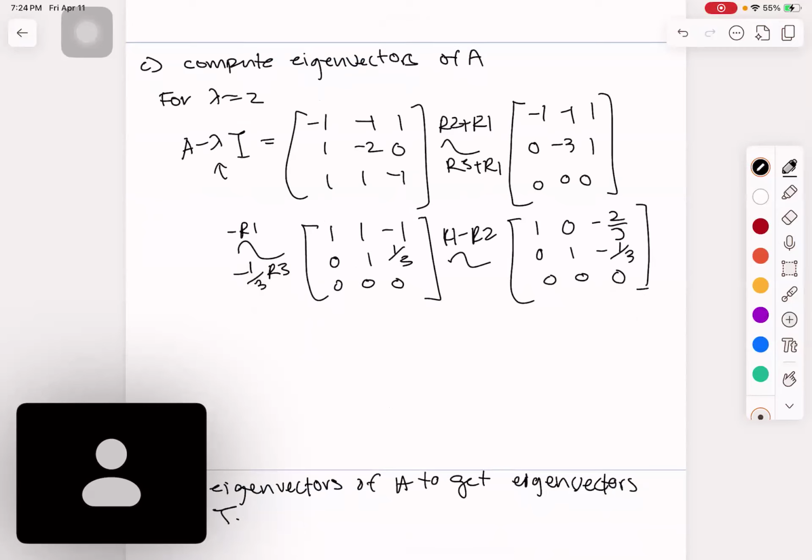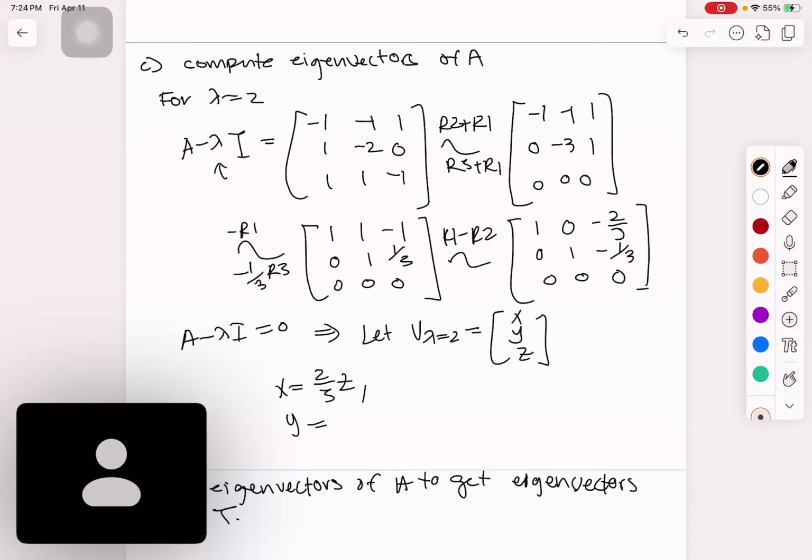Since we know that A minus lambda I times the eigenvector is equal to 0, this means that if we set let's say this is our eigenvector, equal to x, y, z, x is equal to 2/3 z, and y is equal to -1/3 z.